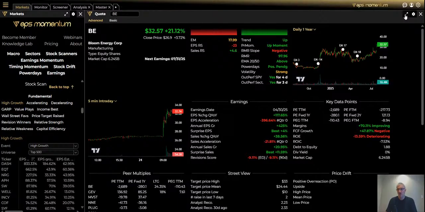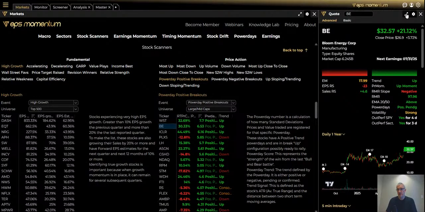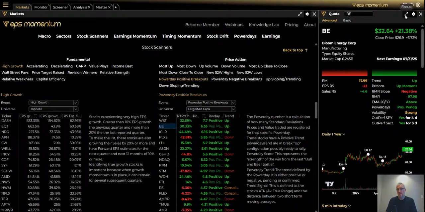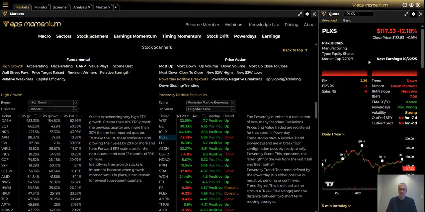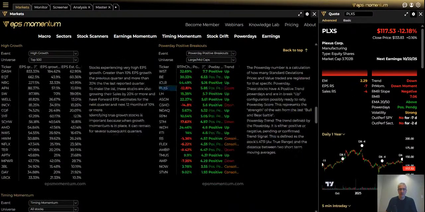And you can enlarge this very nicely by clicking on the focus button. That helps you make it big screen or medium screen or whatever, and you can resize any of those screens. We'll go into the advanced quote in a second.